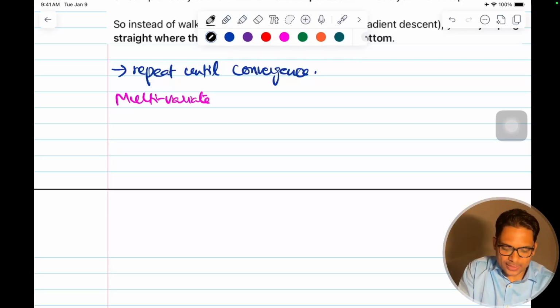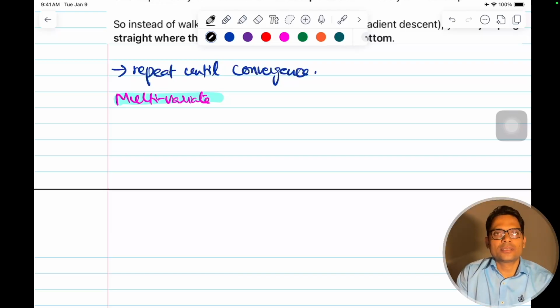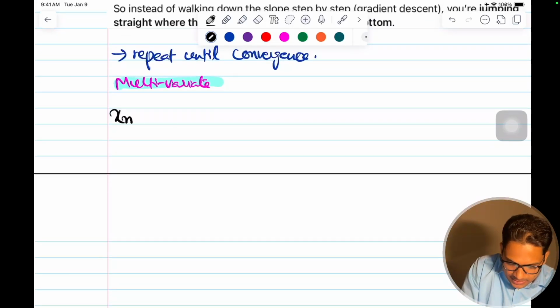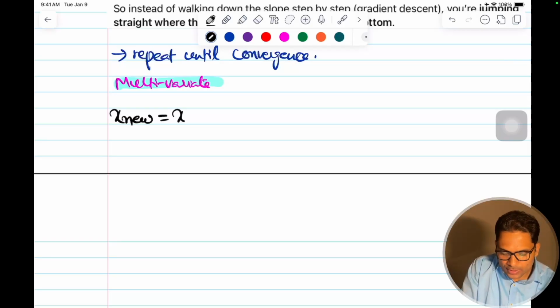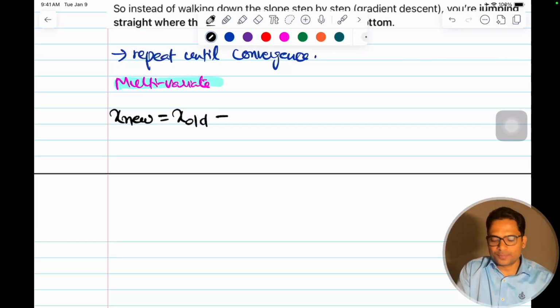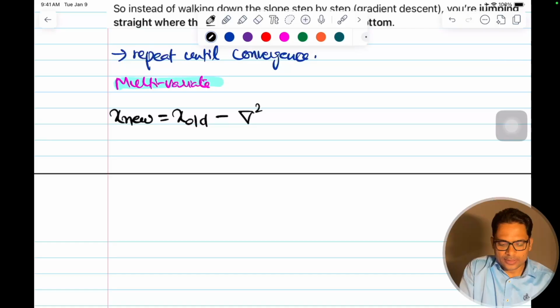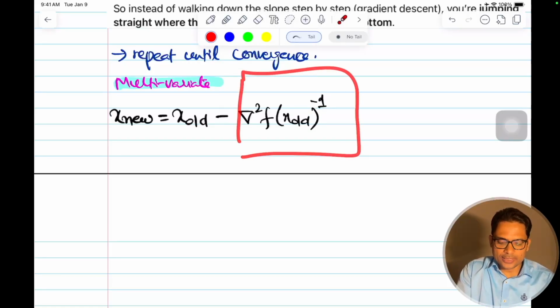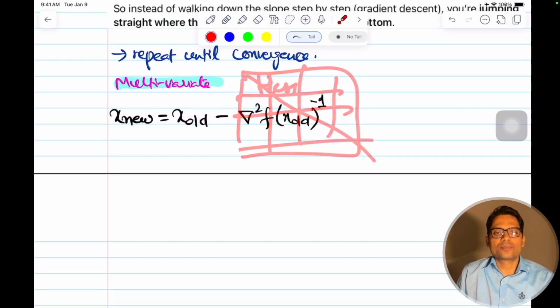So the update equation becomes: x new is equal to x old minus the del square f at x old, inverse. This will be your Hessian, a matrix of all the derivatives.